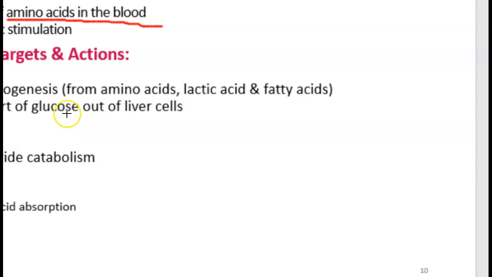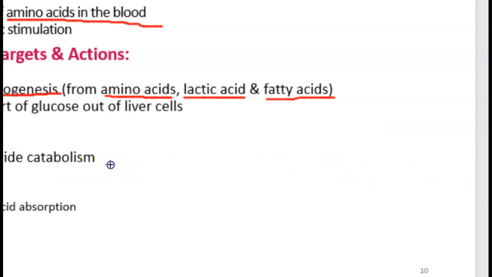And glucagon acts in the liver not just to break down glycogen, but it also causes the liver to make new glucose. So gluconeogenesis. And this glucose is made from amino acids, lactic acid, and fatty acids.